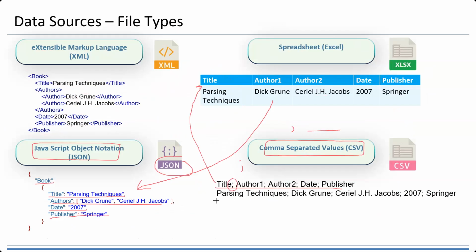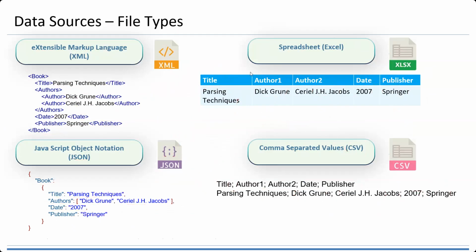And then the second row represents the data: Parsing Techniques, Grune, Cheryl Jacobs, 2007 and Springer. Okay. So this is the data of CSV. So most of the websites nowadays use at least one among those data sources.